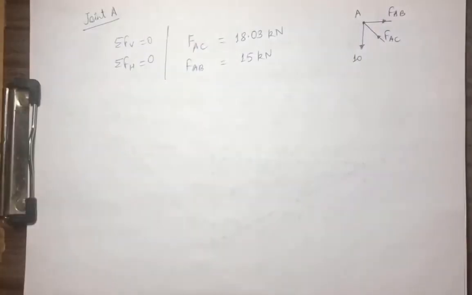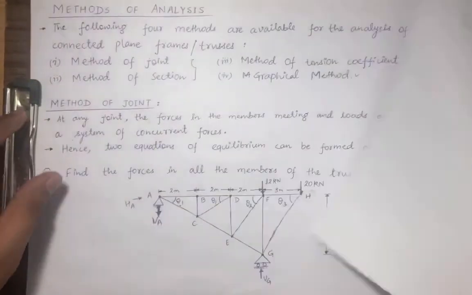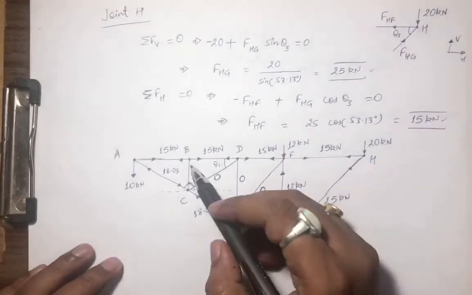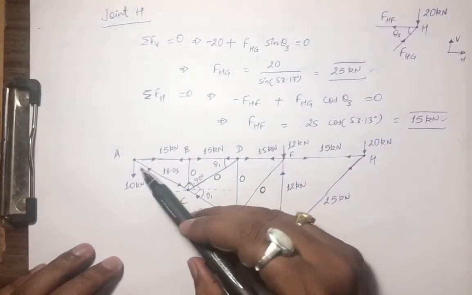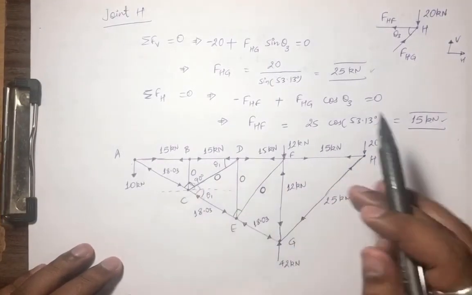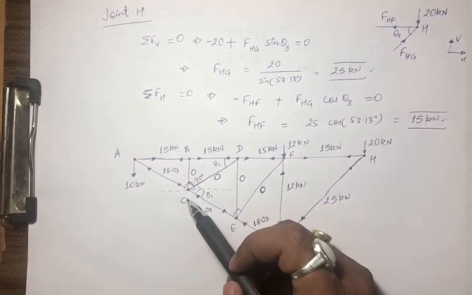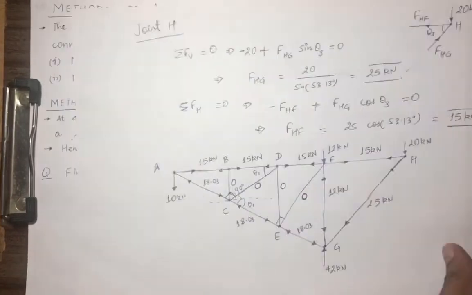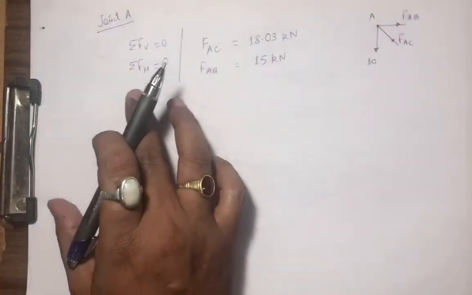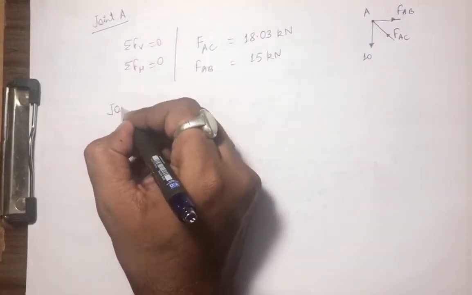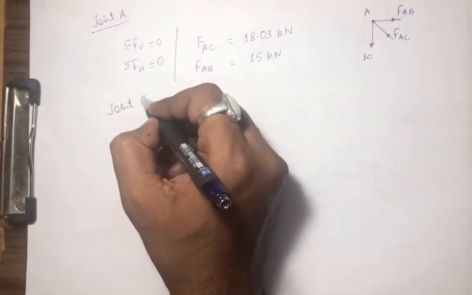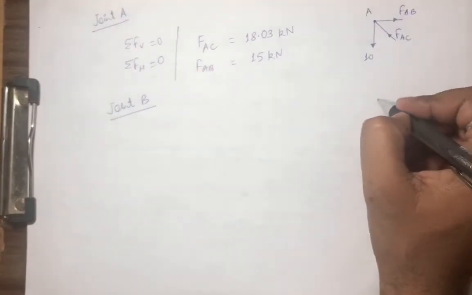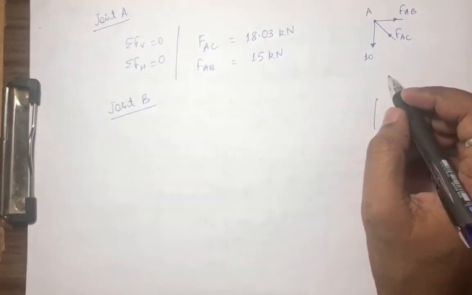Okay, clear? So let us see the diagram. So at joint A, this is 15, this is 18. Now solve joint B. So joint B is something like this.